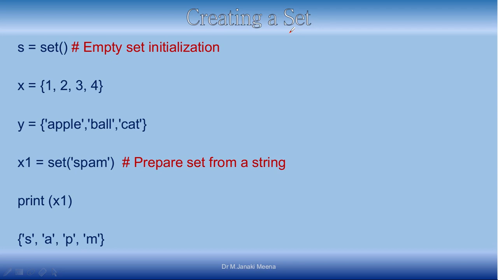Parentheses are used for tuple, square brackets for list, and curly braces for dictionaries. In a dictionary, each element is a pair of items, not an individual element. So, we can use the curly braces, already used for dictionaries, for set, because in a set each element is an individual item.